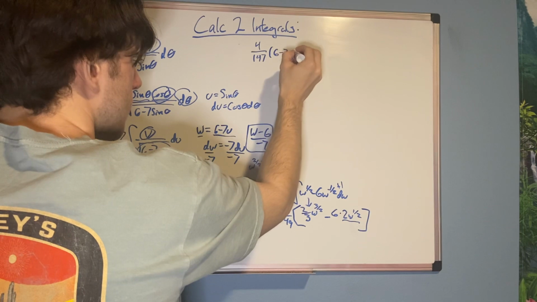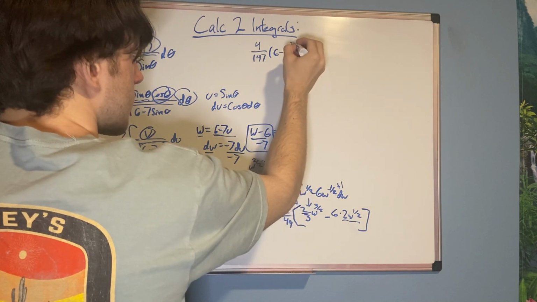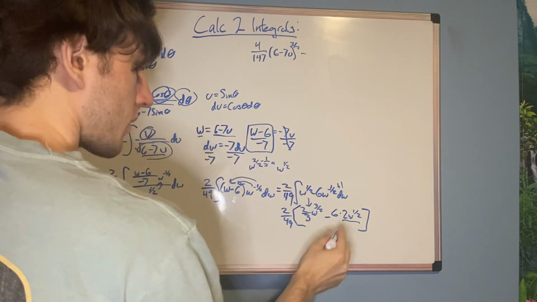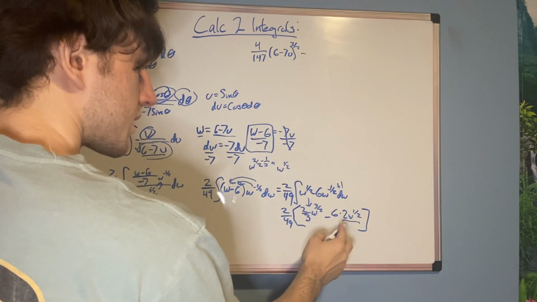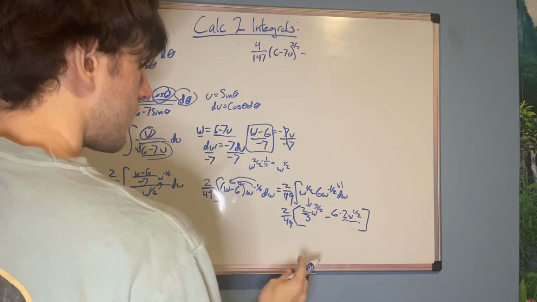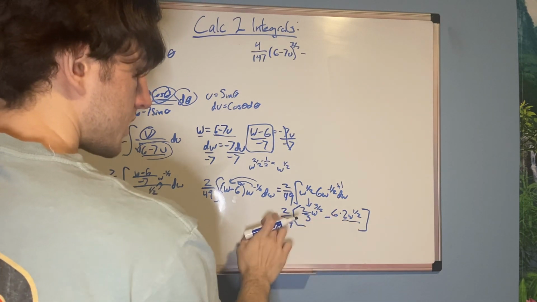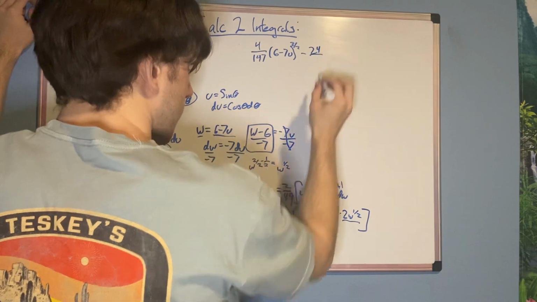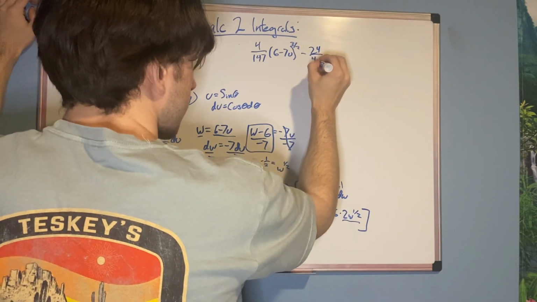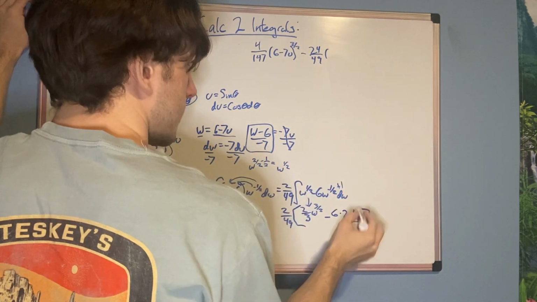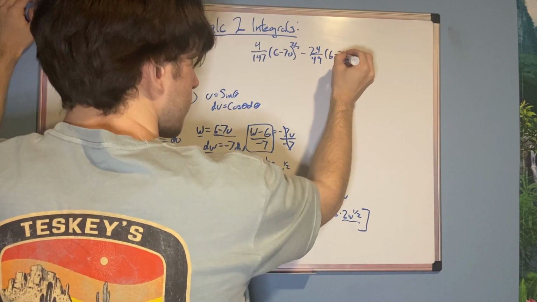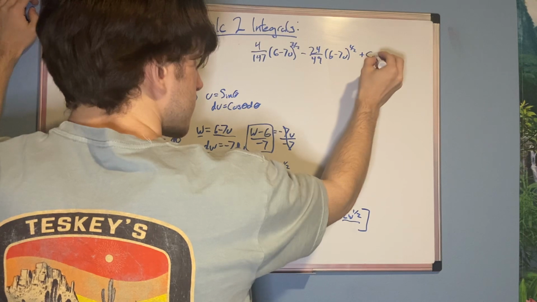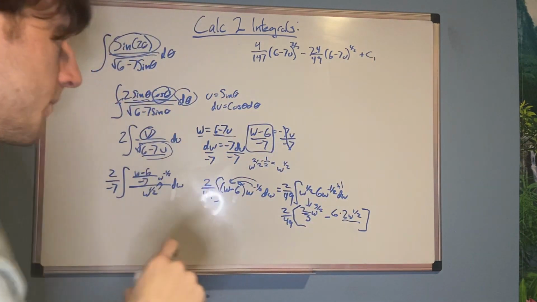So 6 minus 7u to the 3 over 2 minus 6 times 2 is 12, and then 12 times 2 is 24, over 49, and it's going to be w, which is 6 minus 7u, to the 1/2. And I'm going to put plus c1 since we're not done yet.